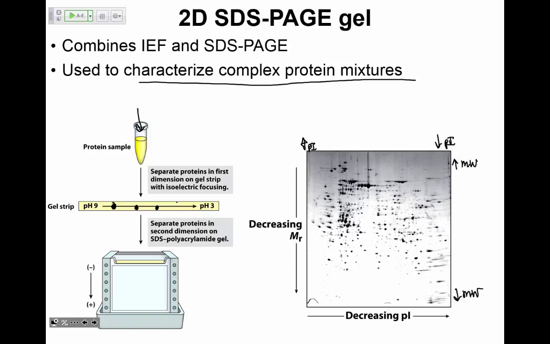Yeah, Andrew. For the IEF, do you need applied voltage? You do. So, if I'm understanding this correctly, your voltages are going to be, for the two different goings, at 90 degrees. Yeah, so you're going to run this, so this is negative, this is negative, this is positive, and then that separates.